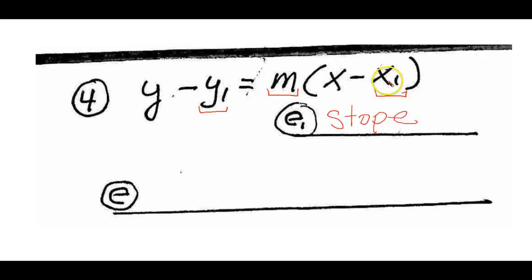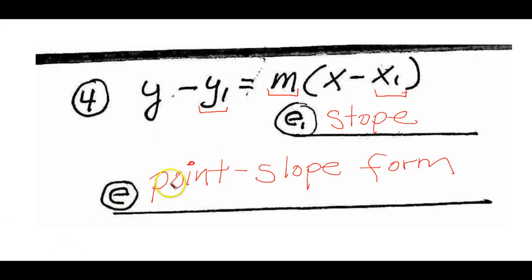And what is the name of this formula? We'll give you a moment. And the official name is the point-slope form. The slope and one point. And it's sort of easy to remember. It's just y minus y sub 1, and on the other side, x minus x sub 1, and you put an m in front of the parentheses.